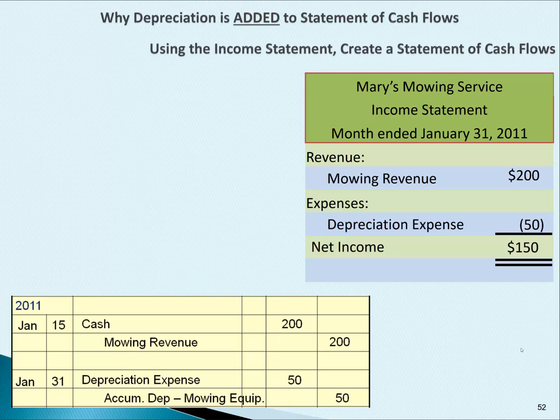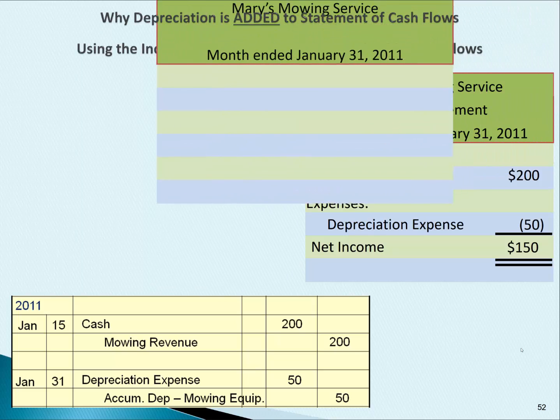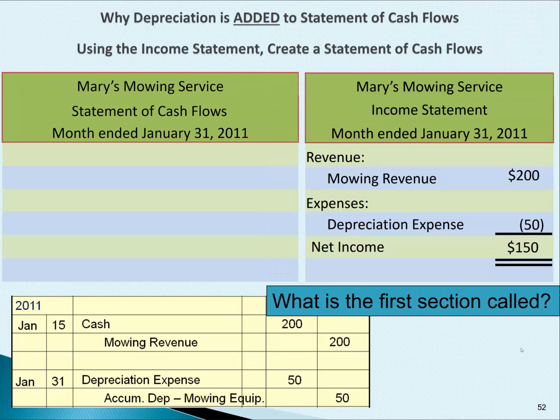So now, remember when we're creating a statement of cash flows, we need the income statement. Why? Because the statement of cash flows starts with net income. So we do have net income ready to go. So here's our layout for our statement of cash flows. This is for the month ended January 31st. So what's that first section called?